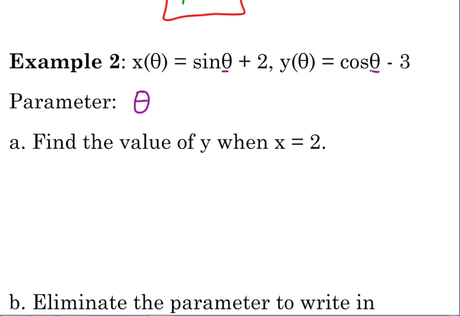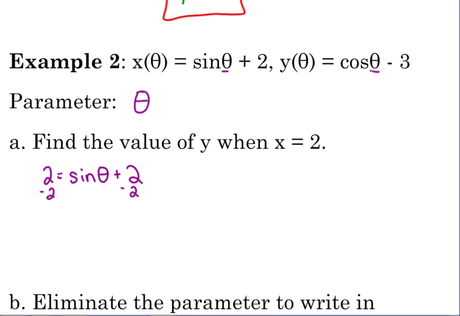In example 1, they told us the value of t, so we just plugged it in for t. Now they want the value of y when x equals 2, so we're not plugging this in. It doesn't say theta is 2, it says x is 2, so we're going to set our x equation equal to 2. So 2 is equal to the sine of theta plus 2, and we're going to solve for theta. Good opportunity here to review some trig.